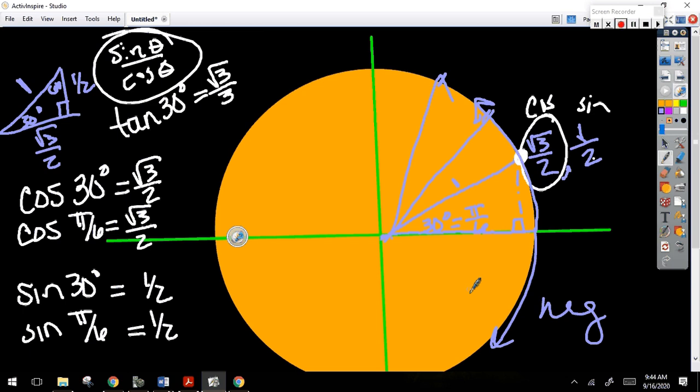So, yes. So this would be 45 degrees. Oh, yes. So a 45, 45, 90 triangle. Let me do it the same way that it is on the circle.